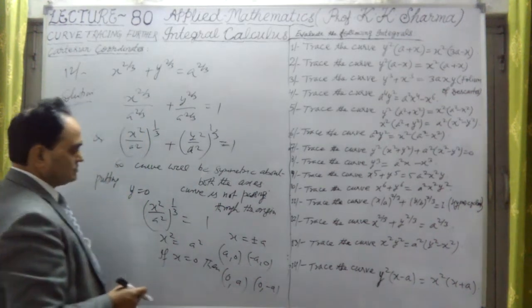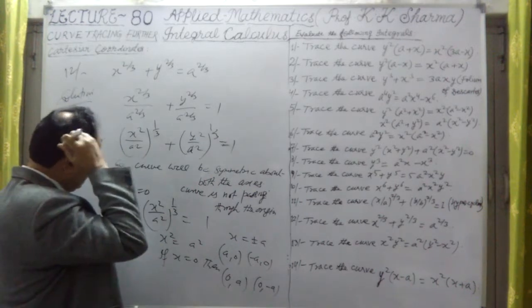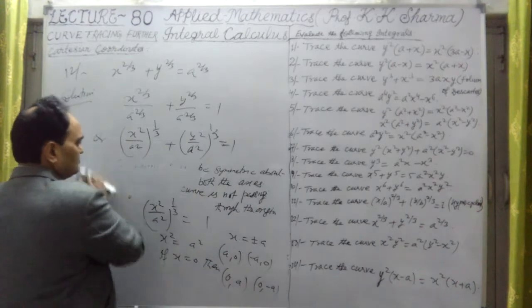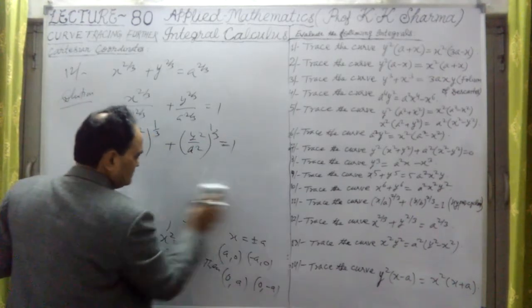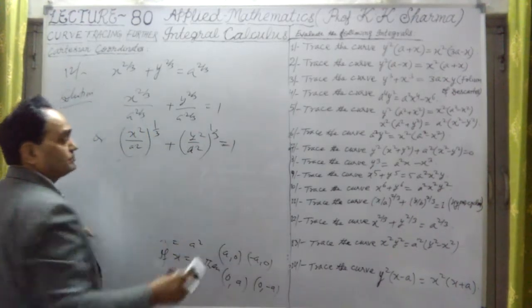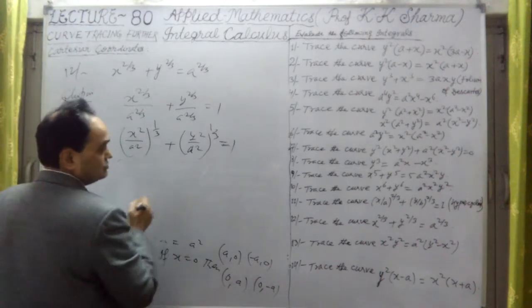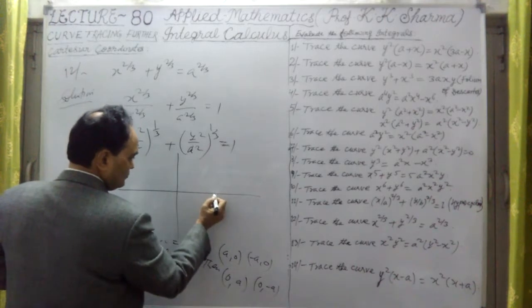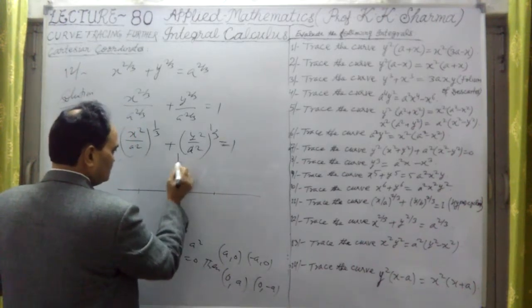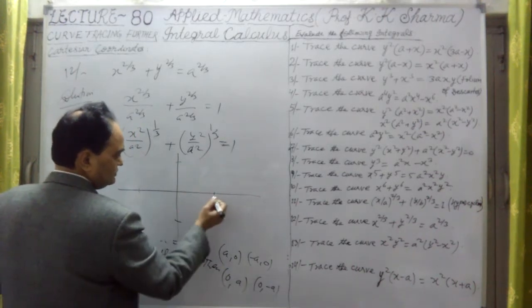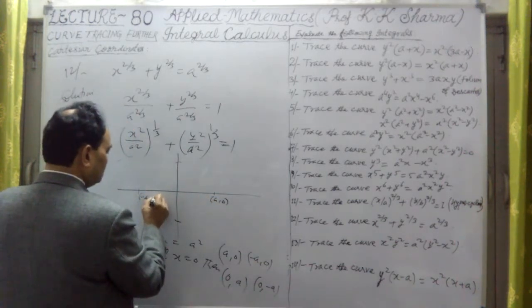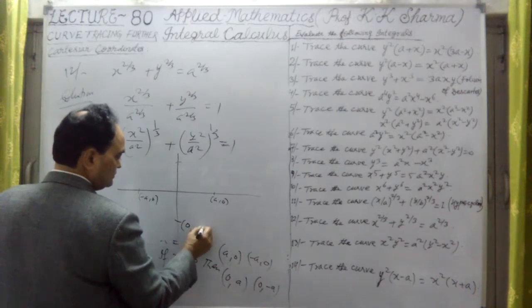So what is the shape of the curve? This is an elliptical type of question, but the shape of the curve will be the same as we described in the 11th question. This is the point (a,0). This is (minus a,0). This is (0,minus a).